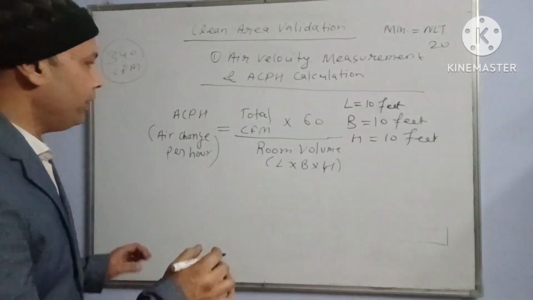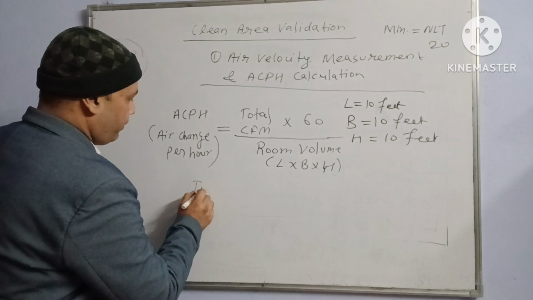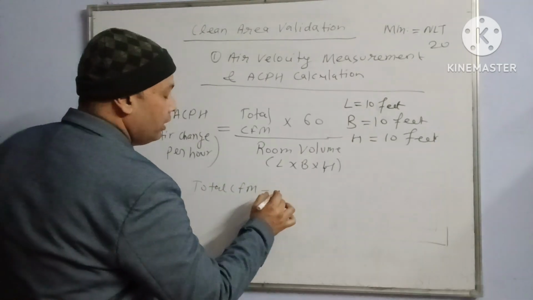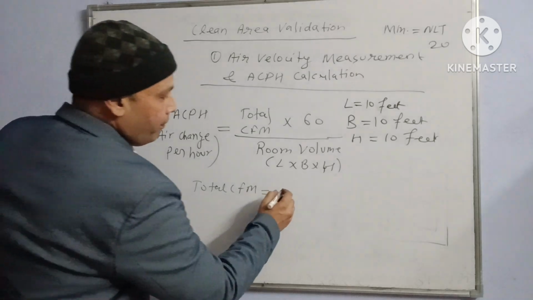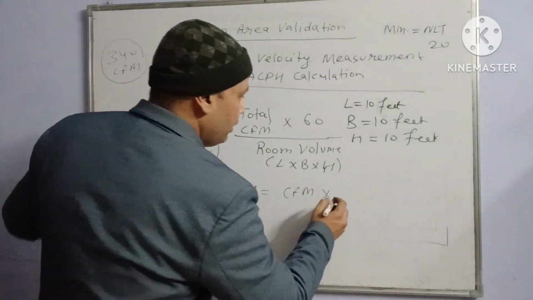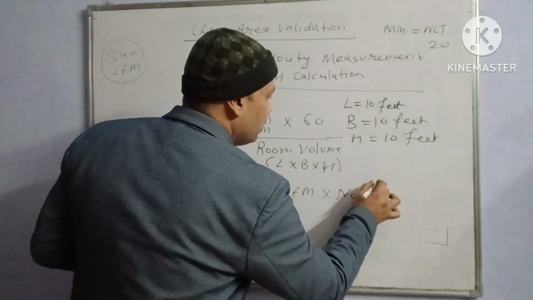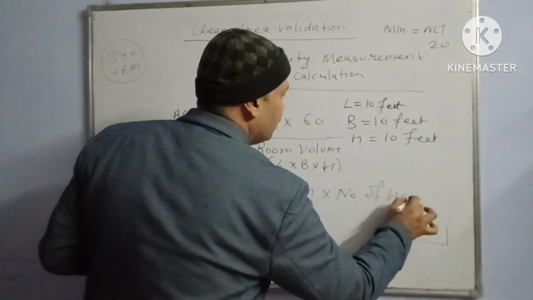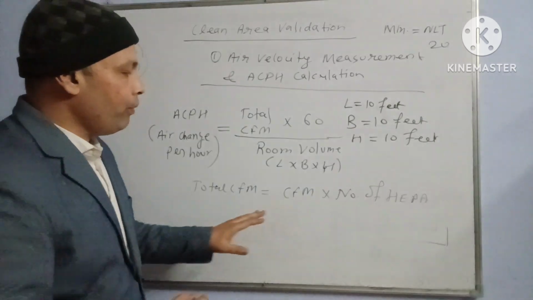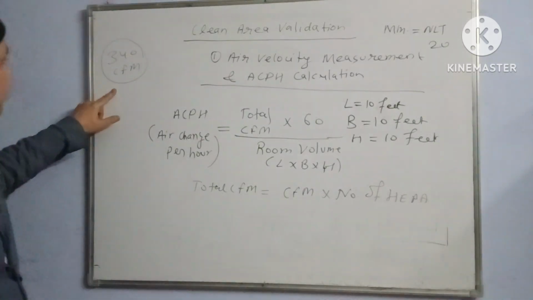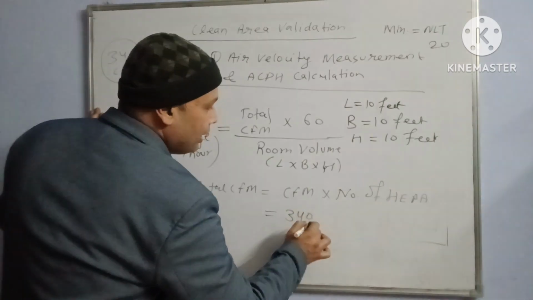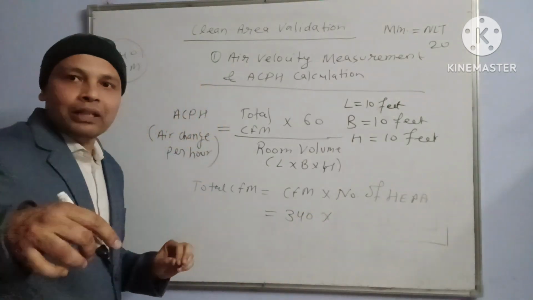Now we will calculate the total CFM. Total CFM is calculated by multiplying the CFM by the number of HEPAs. The CFM we noted down is 340, so it is 340 into the number of HEPAs.